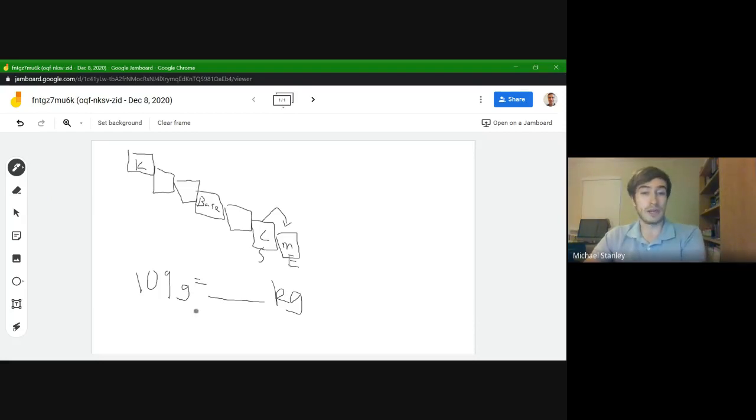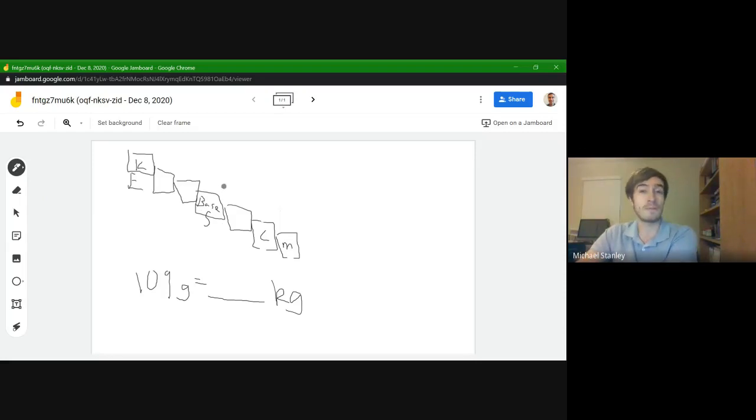So grams is one of our base units, so that is going to be our new starting point. Kilograms, that's the guy that's way up here at the top of our ladder. That's our ending point. So we're starting with grams and we're going to kilograms.